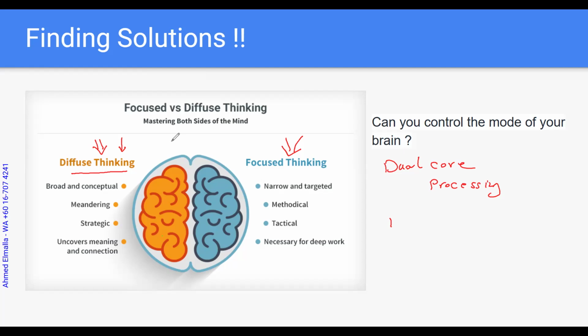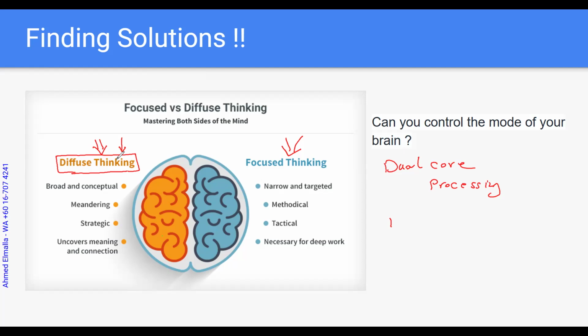When you do that, you're triggering this diffuse thinking mode in your brain, and it will try to find a solution for the difficult question while you are actually solving easy questions. So it is like dual processing. You are making your brain work in dual processing mode. You are solving an easy question with your focus mode, and your brain is trying to find a solution for the difficult problem.